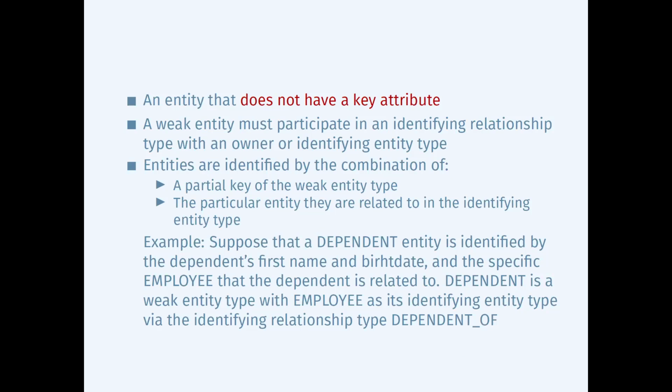Now, as we discussed already, with a weak entity type you might not be able to find any key attribute, but you can identify these entities by using what we call a partial key. The name of the dependent is a partial key there. And then the attribute coming from the identifying relationship, that is the employee entity type. Using both, we can identify each dependent uniquely.